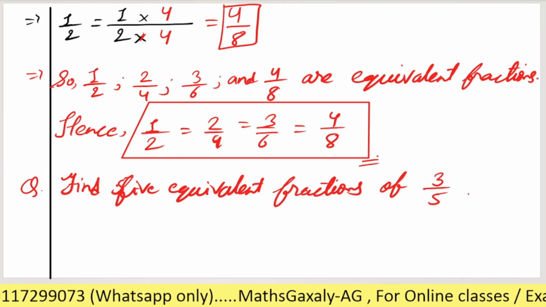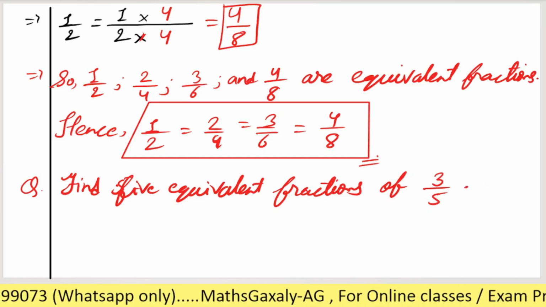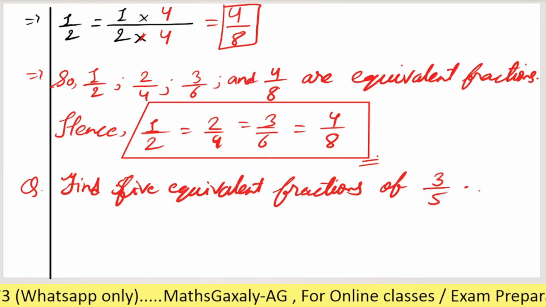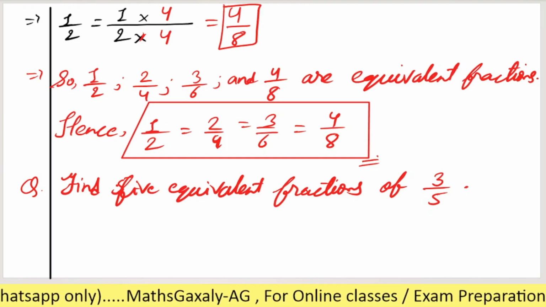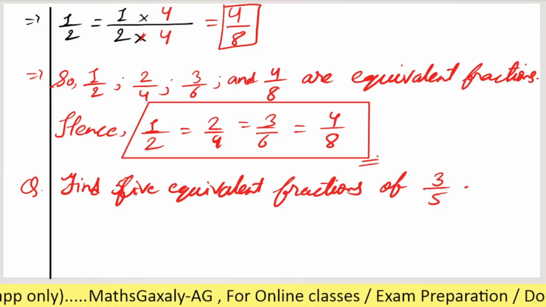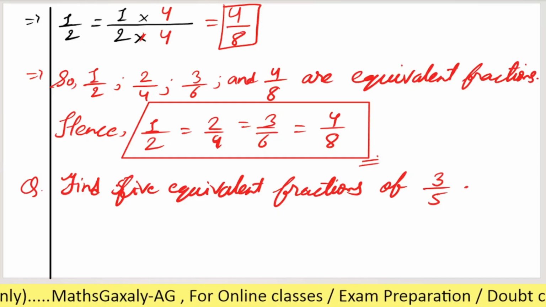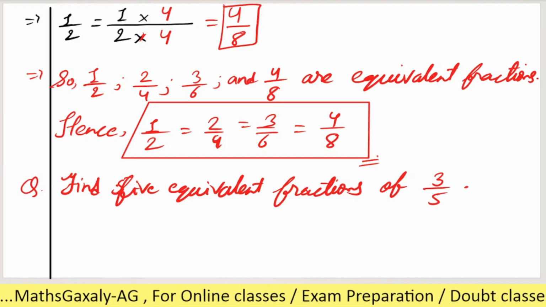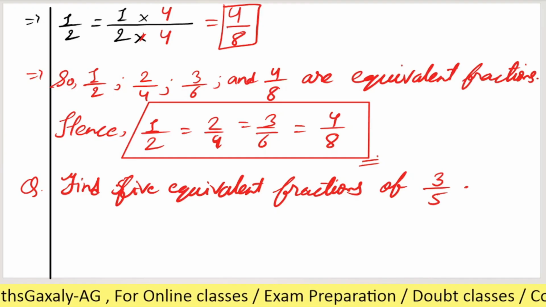Okay, 3 by 5. So you have to find this as homework. This question you have to do as homework, and you have to submit it to me by today night. This is your deadline.